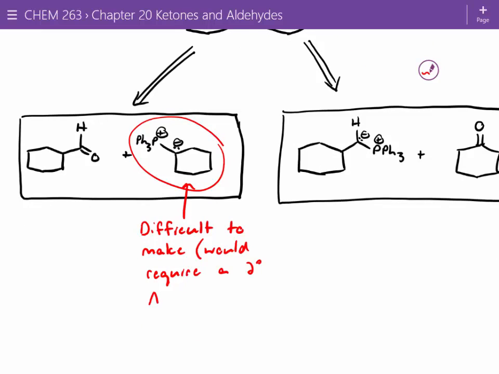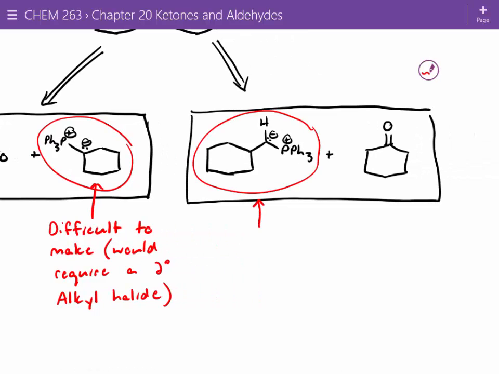Yeah, so if we look at this phosphorus ylide, it has two R groups coming off of it. You don't typically see these because they're very, very hard to make. But if we look at this one, this carbon only has one R group coming off of it. It doesn't have two. The other substituent is a hydrogen. So in this case, we're able to make that because it would require a primary alkyl halide to make, not a secondary alkyl halide to make.